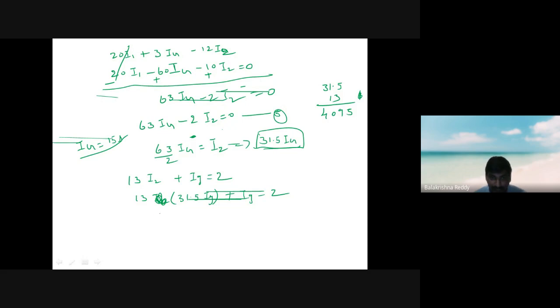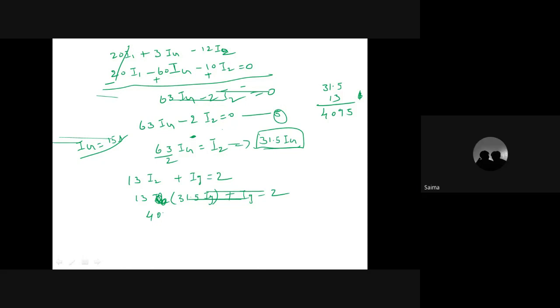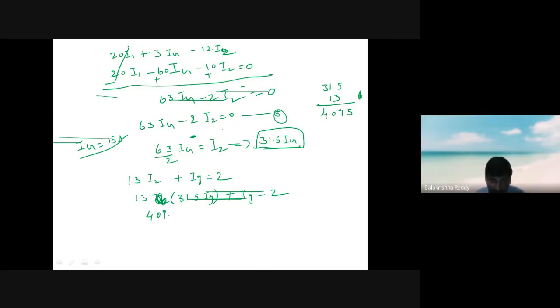So I can write this as 409.5. 409.5 Ig plus Ig equal to 2. So 409.5 plus Ig, one more Ig is added, it becomes 410.5 Ig equal to 2.